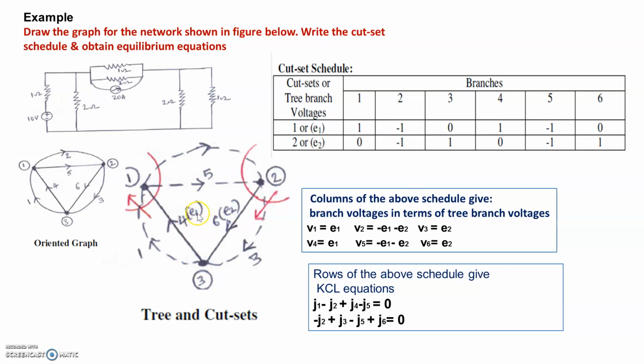The direction of current is marked because 4 and 6 are the tree branches. I have just given them names: 4 I have given E1 and 6 I have given E2. It is not necessary to call them E4 and E6. This is the tree branch voltage E1, and this is E2. So the E1 direction is followed here, it is entering.